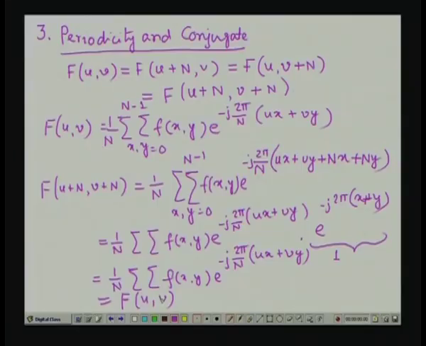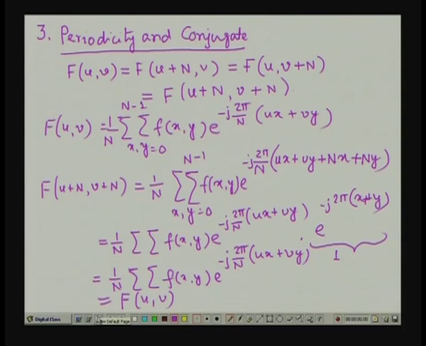By this mathematical derivation, we have found that F(u+N, v+N) is the same as F(u,v), and the same is true in case of inverse Fourier transformation. If we derive the inverse Fourier transformation, we will get a similar result, showing that the inverse Fourier transformation is also periodic with period capital N.